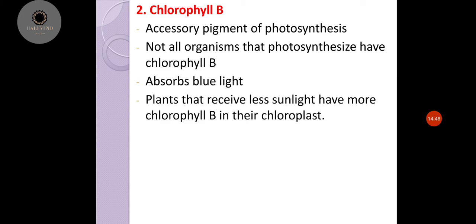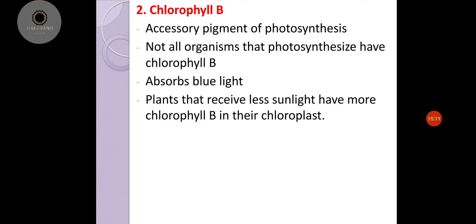So, the organisms, for example in the forest, the grass at the bottom of the trees, meaning they don't get sunlight, is because the sunlight is taken by the taller plants.